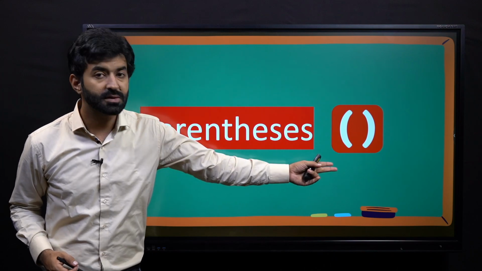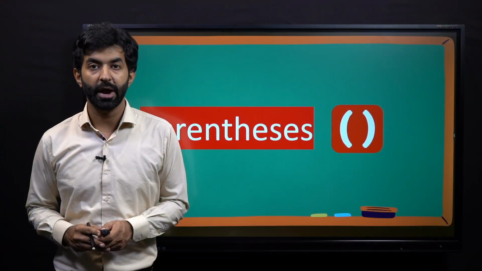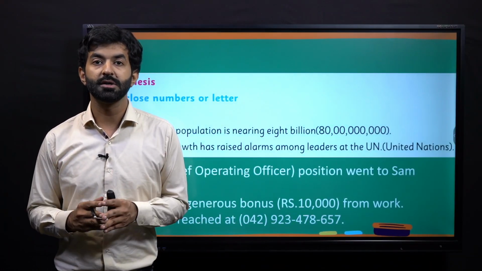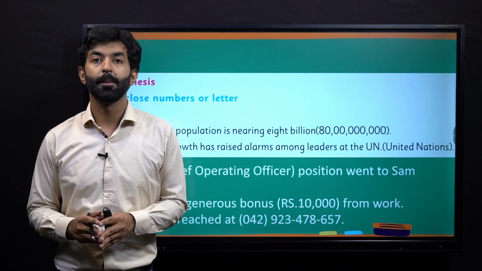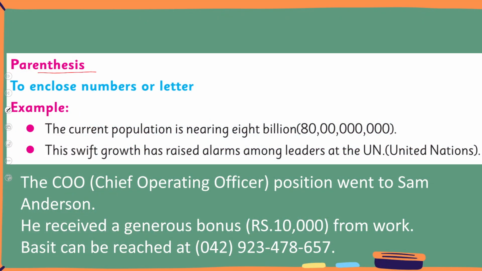Let's talk about parentheses. They look like this. You open a bracket and then you close that round bracket, and this makes it a complete use of parentheses. Now let's talk about the different uses. First one is to enclose numbers or letters. So that's when we are going to use our parentheses, if we have numbers that we need to add, or letters like abbreviations and acronyms.